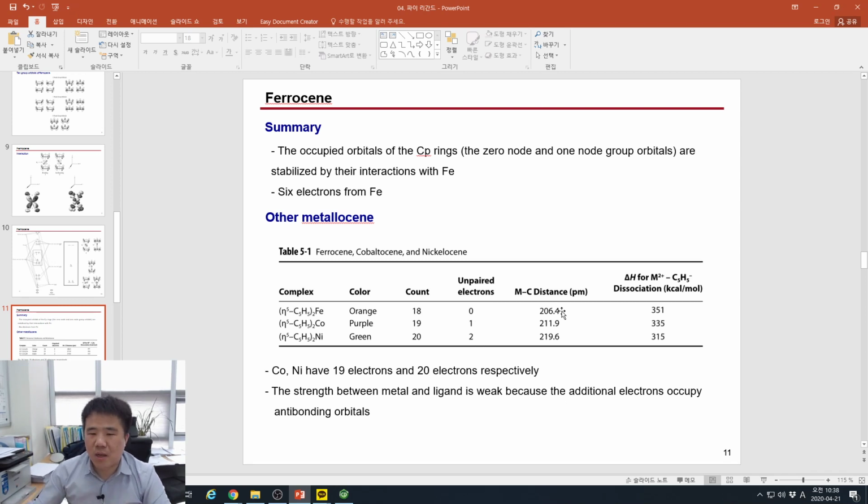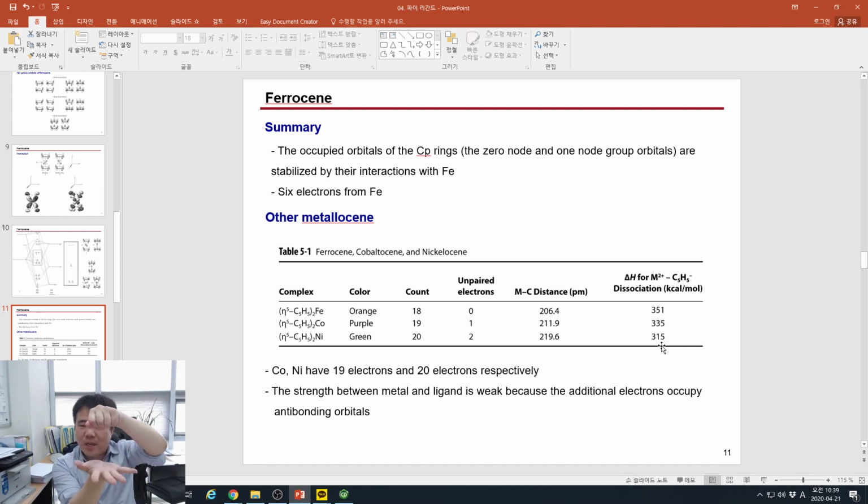So the metal-carbon distance is getting longer, so the metal-CP dissociation energy is smaller. The metal is here, and the cyclopentadiene is further away, so the dissociation energy is small. A small amount of energy is required to break this bond.